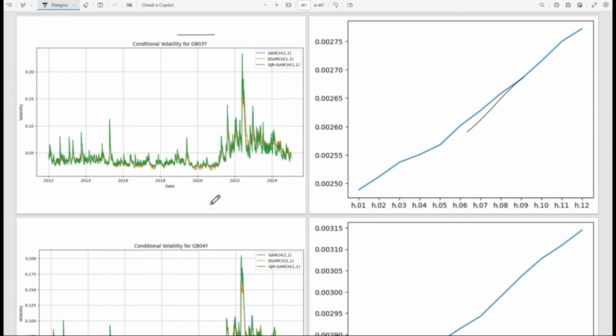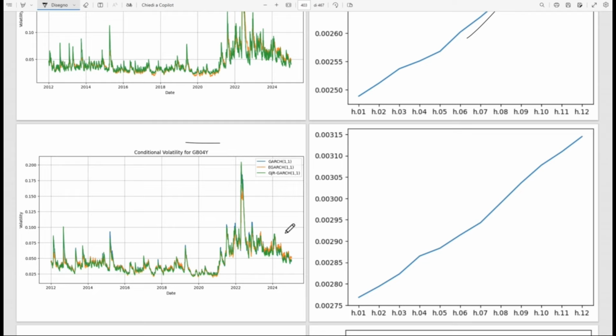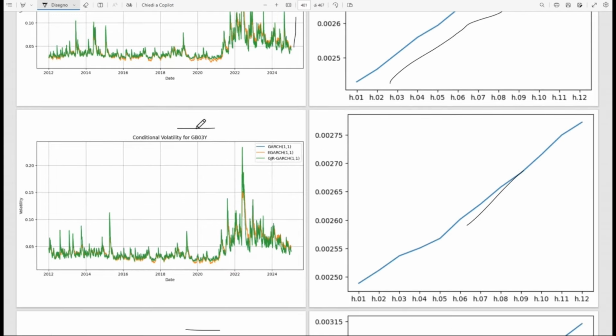Conditional vol for all the GARCH models applied to the different durations. This is the 3 year. You see that we have this curve. So we have a higher level of volatility clustering, which is not a 0 baseline, but the baseline is 5%, which is here.